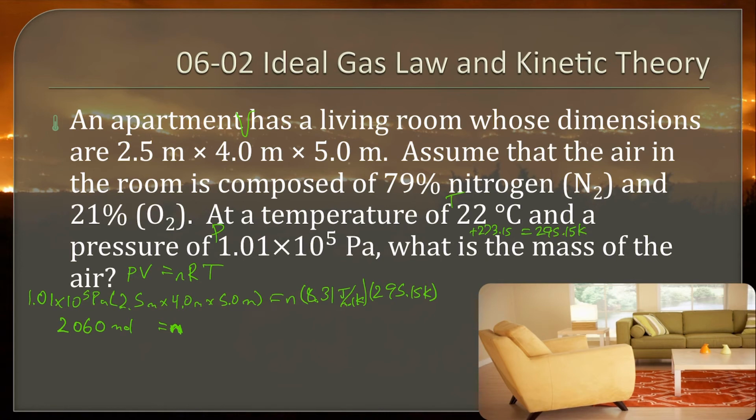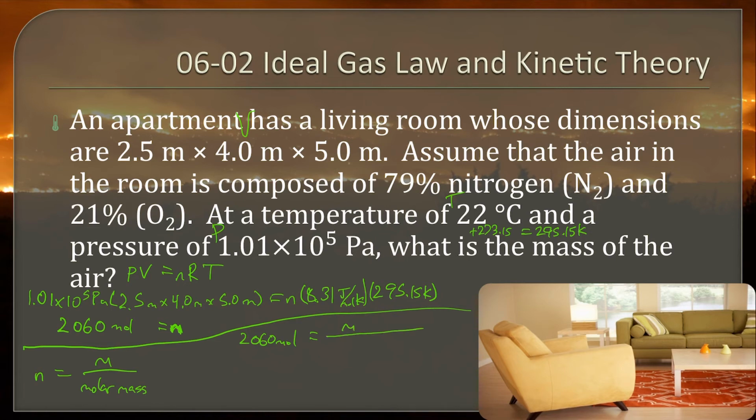That's the number of moles, but it's not the mass of the air. So to find the mass of the air, we could use that the number of moles is the mass of the gas over the molar mass. So n was 2060, and the mass is what we're looking for.